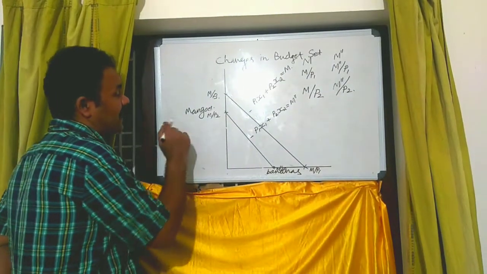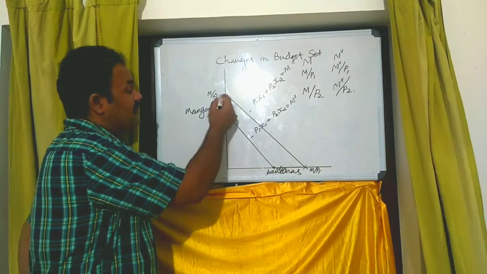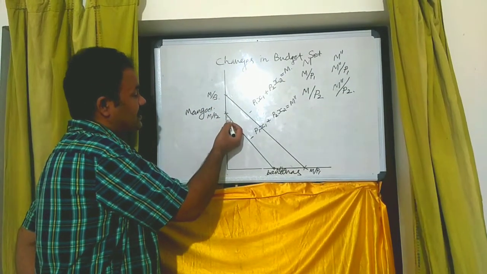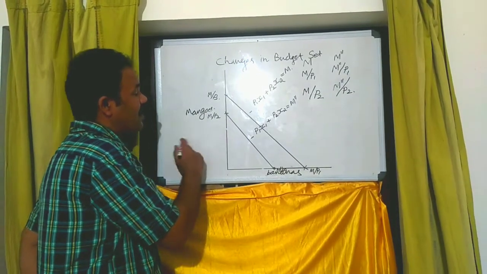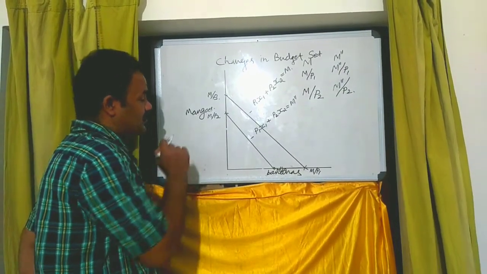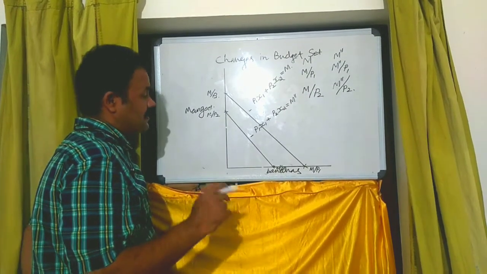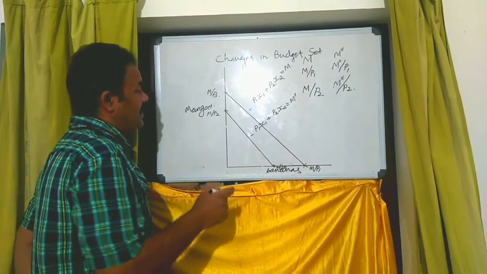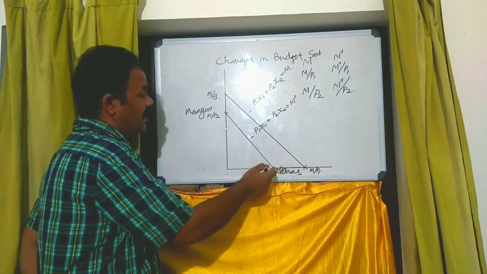What is the reason behind that? Here the vertical intercept will shift downwards. Why? There is no change in the price of mangoes, or commodity 2. Here the income of the consumer decreases, so he can purchase fewer units of mangoes and fewer units of bananas.